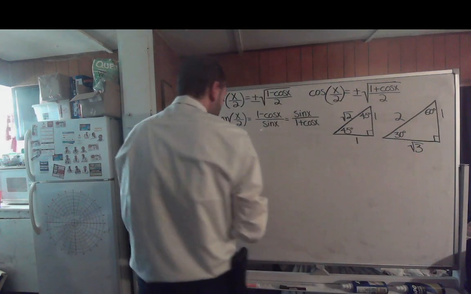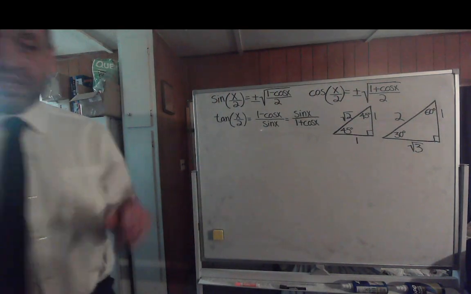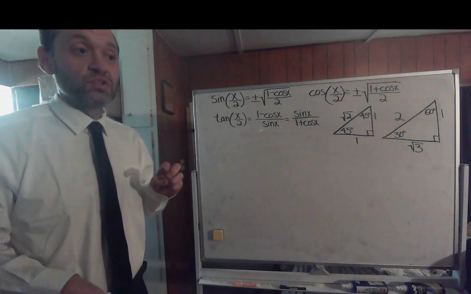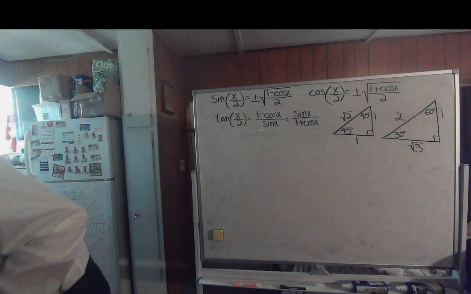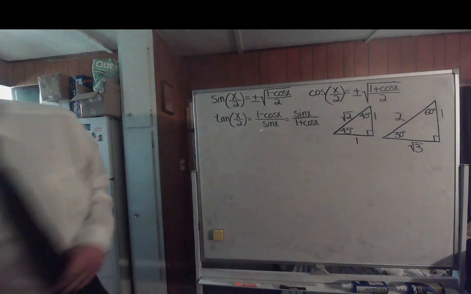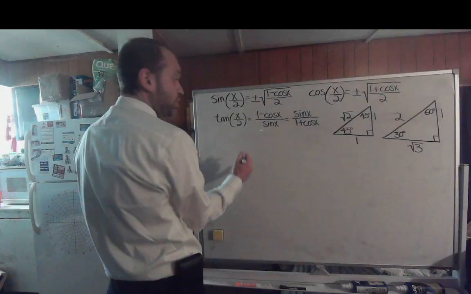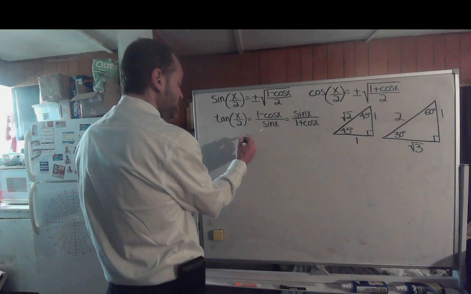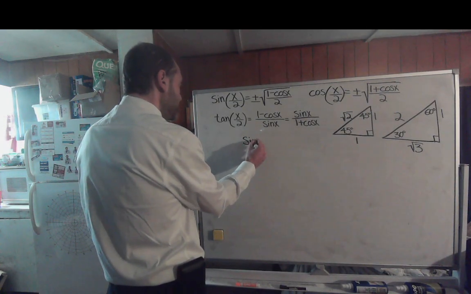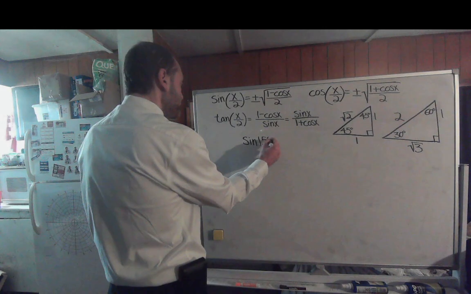Okay. So using these half angle formulas, we can find the exact value of angles we could not do before. So let's say we want to find, we're going to do sine, cosine, and tangent on each of these. Let's say we want to find the sine of 15 degrees.